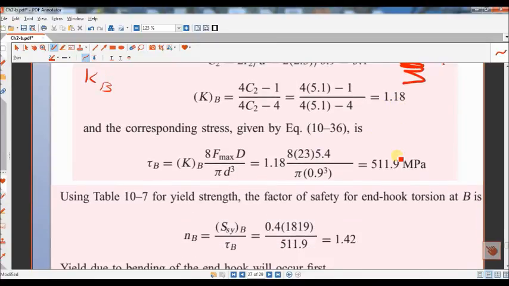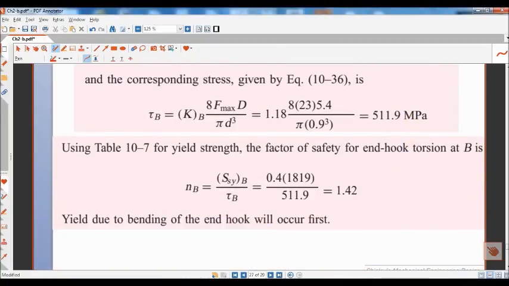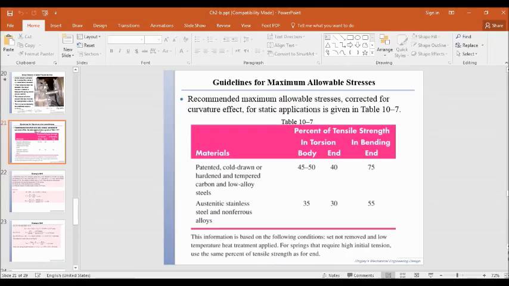We can find the shear stress at this location B by substituting Kb into this equation, similar to what we had in the compression spring. And therefore the shear stress at location B is 511 megapascal. Now again I need to refer to table 10.7 to find out how much the torsional yield strength is at this location B, mentioned here as the end. End means the end of the body of the spring, the location where the end of the body is connected to the hook.